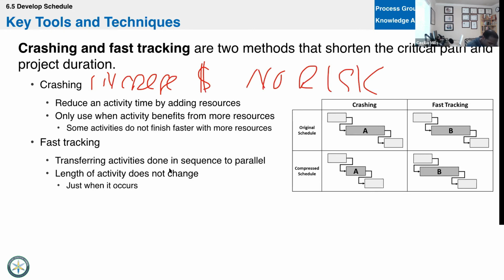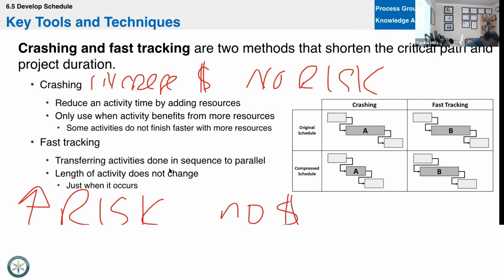Whereas fast tracking will increase your risk, but there's no additional cost. Crashing is costly, but there's no risk. Fast tracking is risky, but there's no cost.